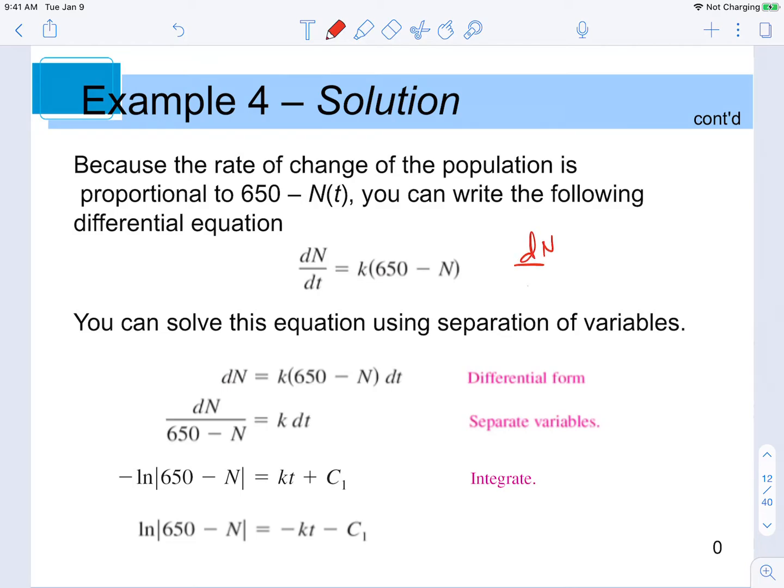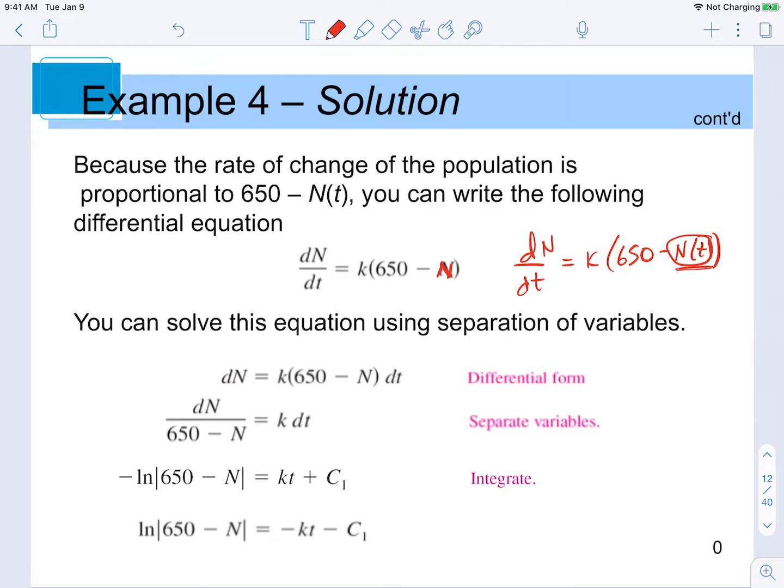Some people like to see it written like this, just so it'll be a direct translation, but you don't want to write it this way. You don't want to introduce the extra bits of notation here. Just know that when they say N, they're referring to N of t.